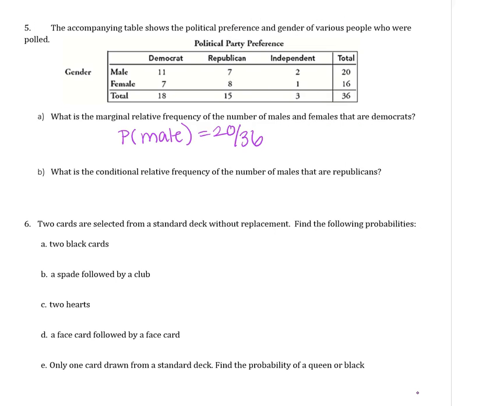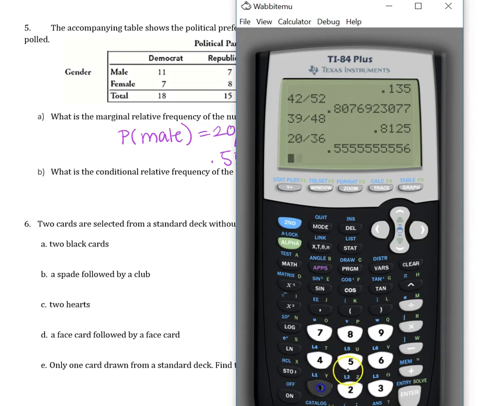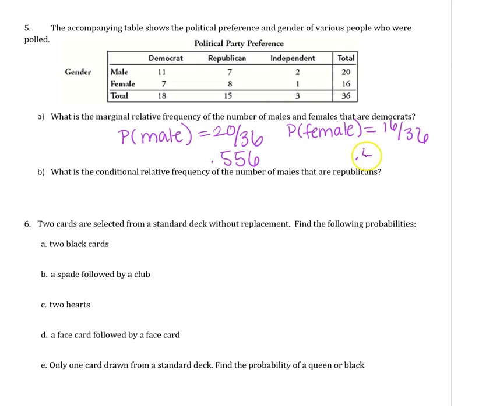Okay, so 0.556. The probability of a female, looks like I have 16 total females out of 36. 0.444.